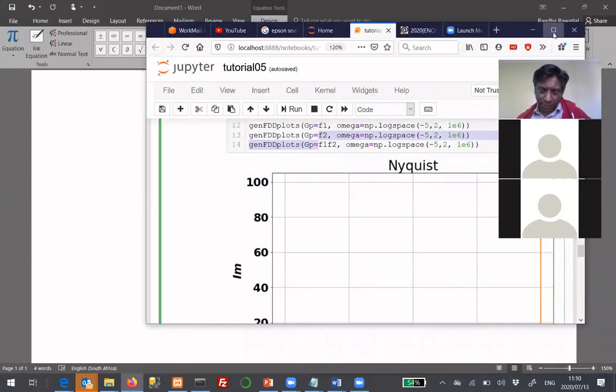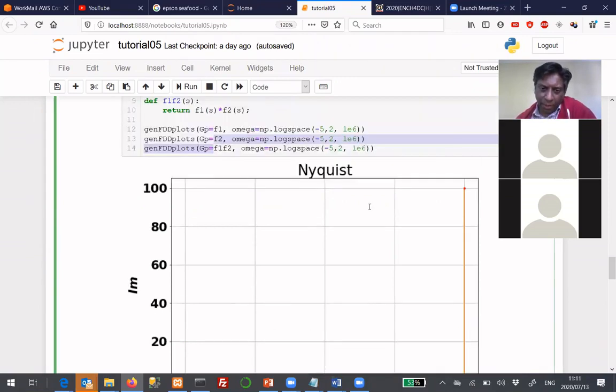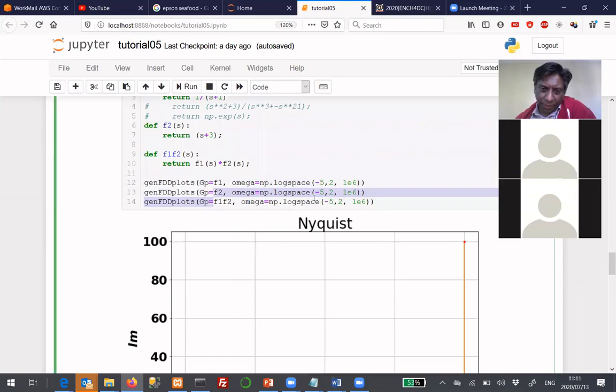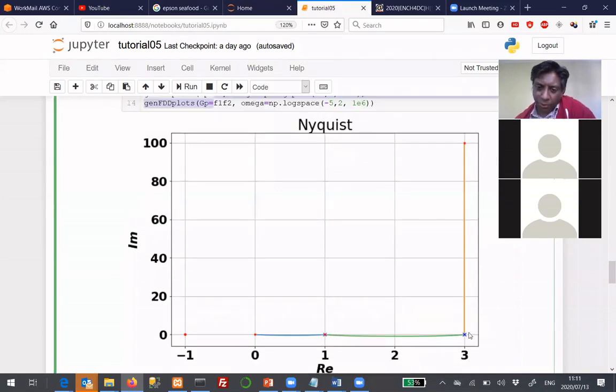So the real part, you can see that here, is on 3, and remember I used a blue cross for the start of the function. So you can see the imaginary part is on a 0 here. And as omega increases, and remember this is log space, so we are going from 10 to the minus 5 up to 100.